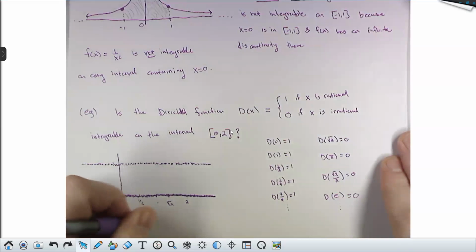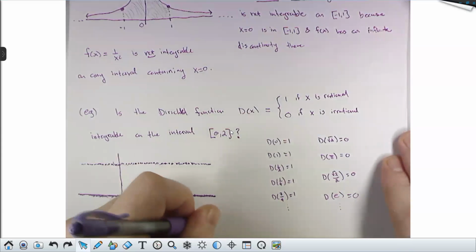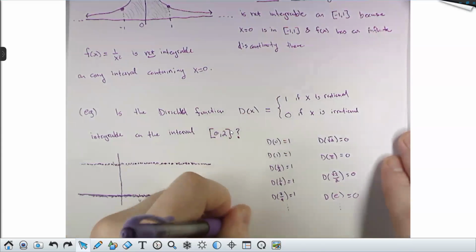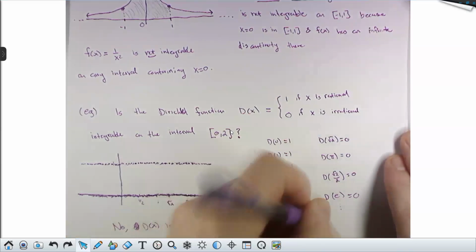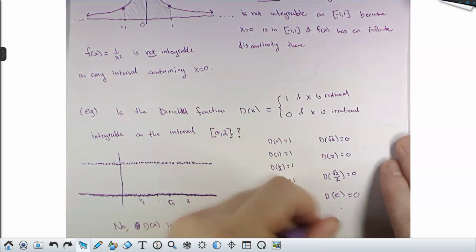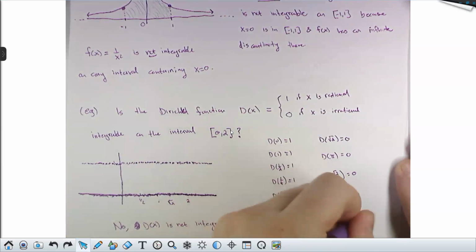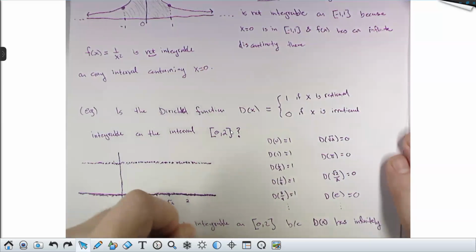D of x is not integrable on the interval 0 to 2 because D of x has infinitely many discontinuities on 0 to 2.